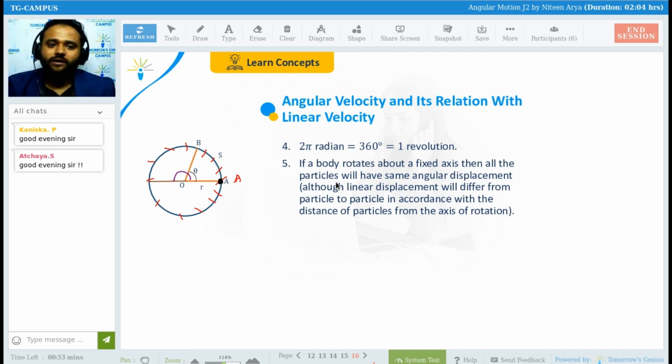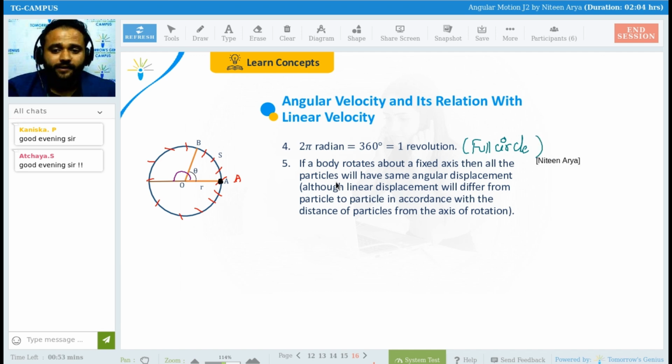So you can say one revolution, one full circle, complete circle, or coming back to the initial point.